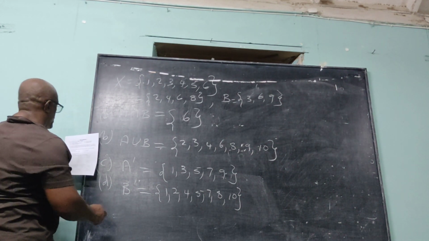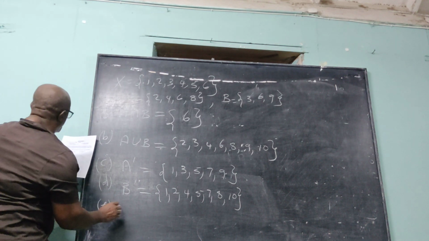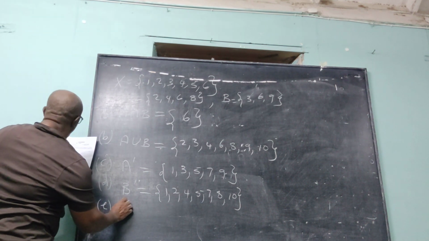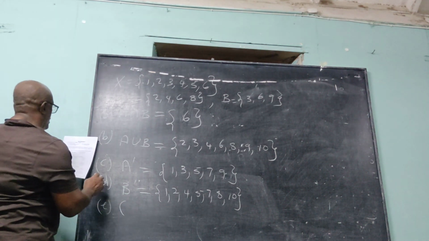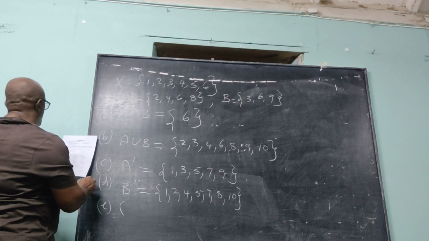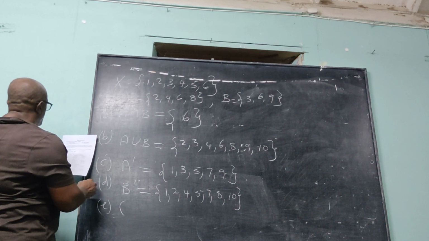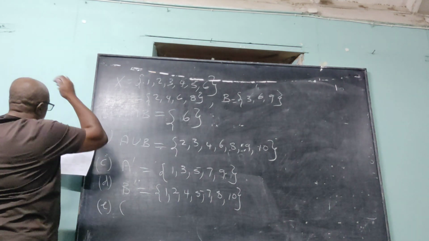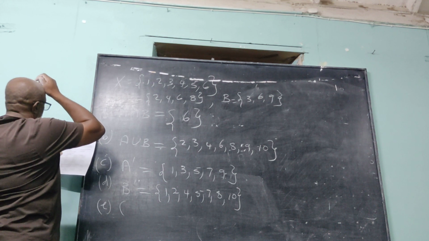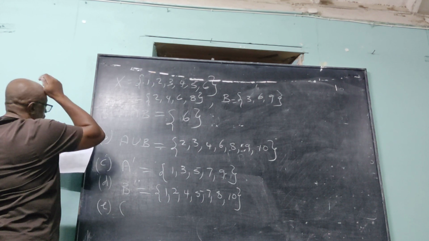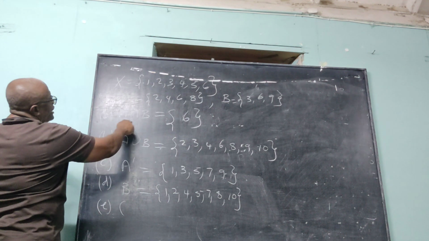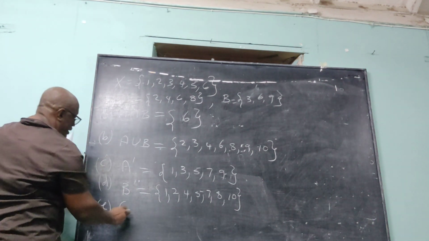Now we want the intersection of A and B. No, this is A intersect B complement. We missed A intersect B, that was the first one. Oh, we have it up here.